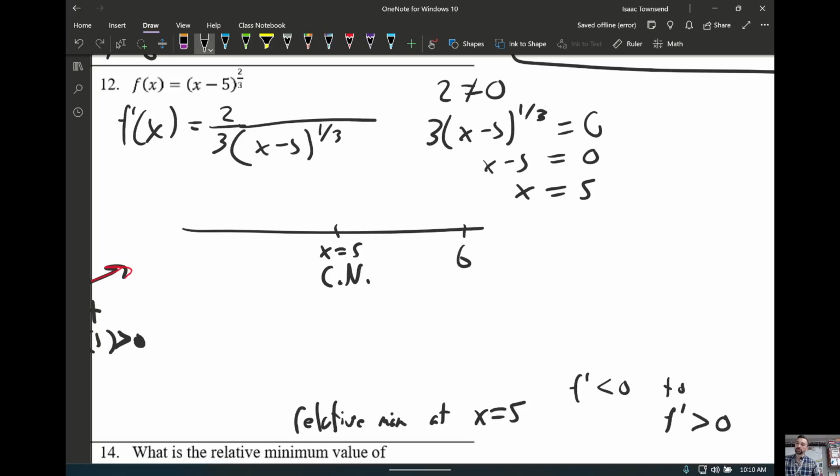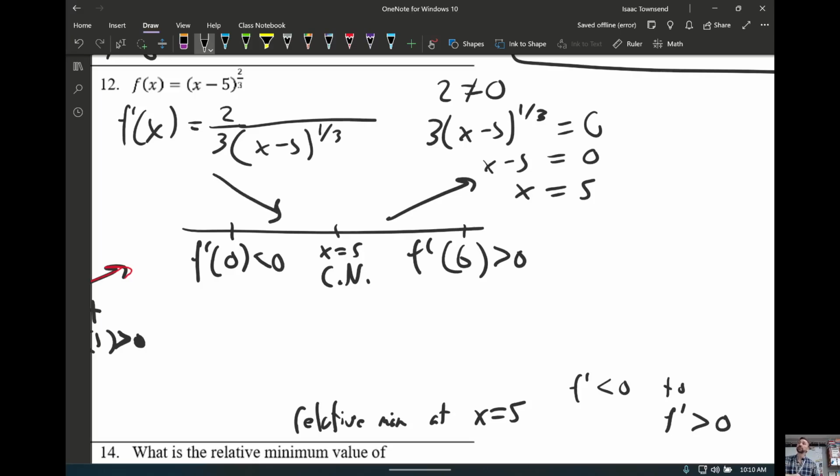Try throwing in something bigger than 5 into the derivative, and you get a positive over a positive. When it's positive, it's increasing. Throw in something less than 5 into the derivative, like 0, just whatever's easy. You get a positive over a negative, which is negative.